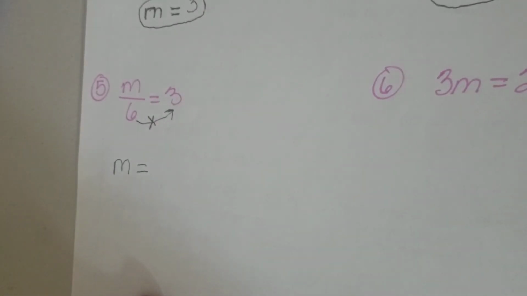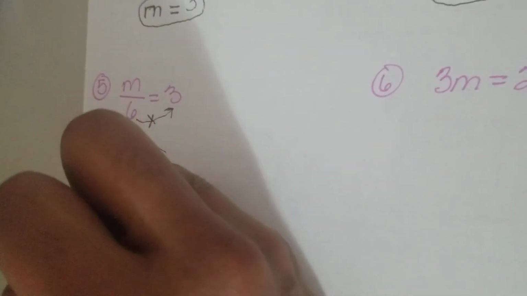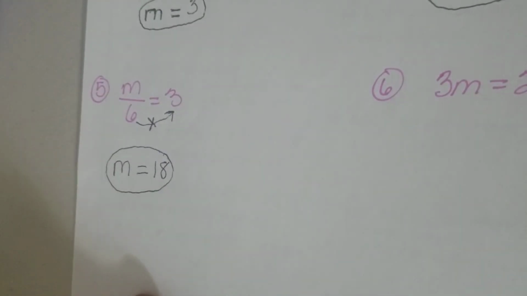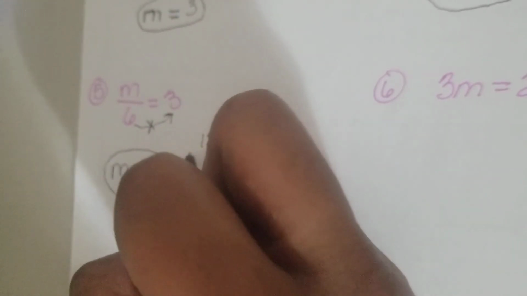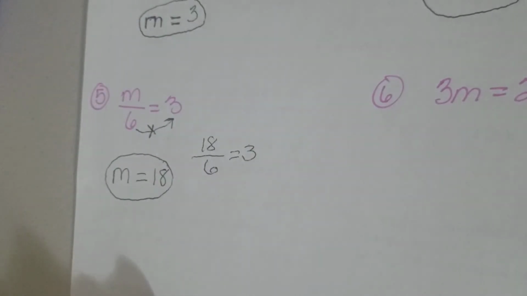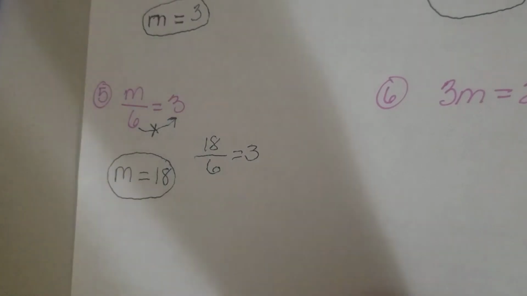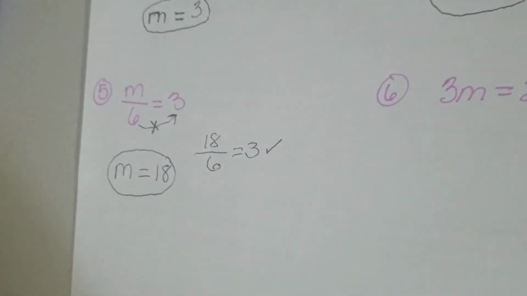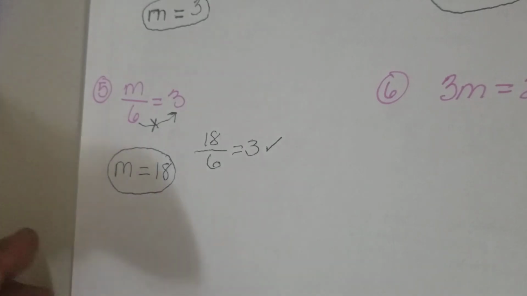And then 6 times 3 gives me 18. All right. And now I do my 18 divided by 6 equals 3. We check that, and that is correct. Okay.